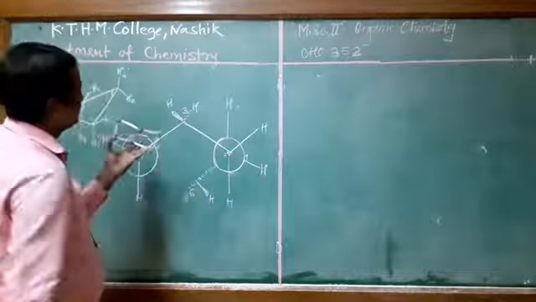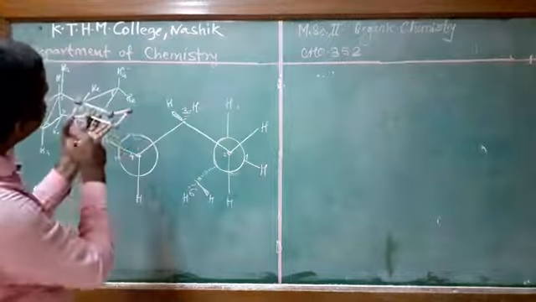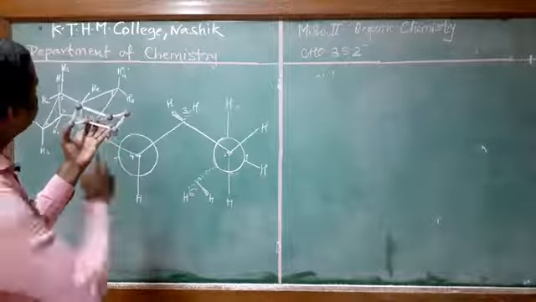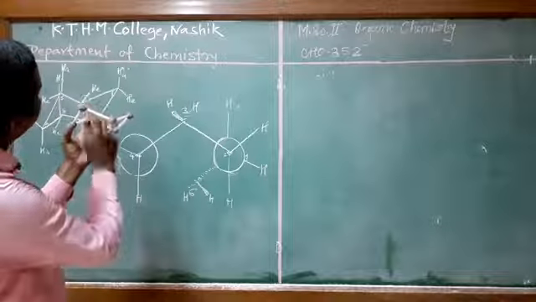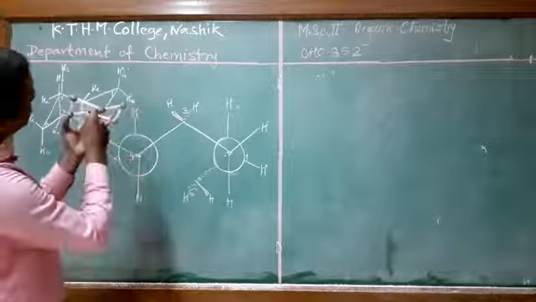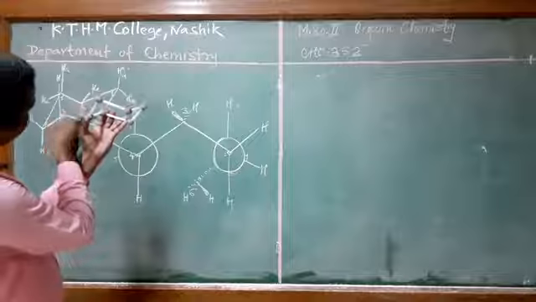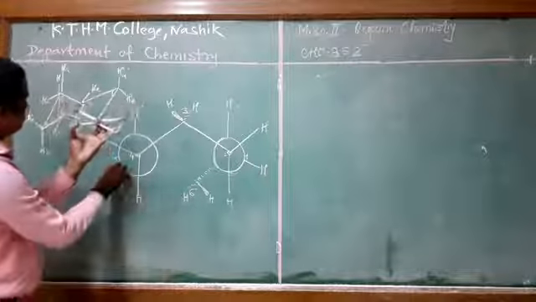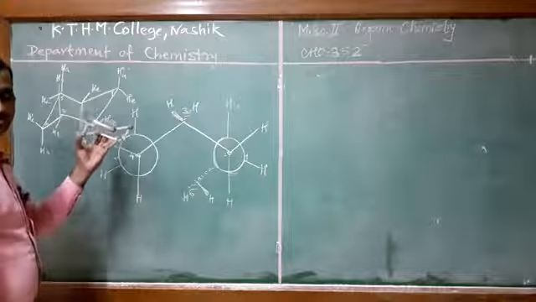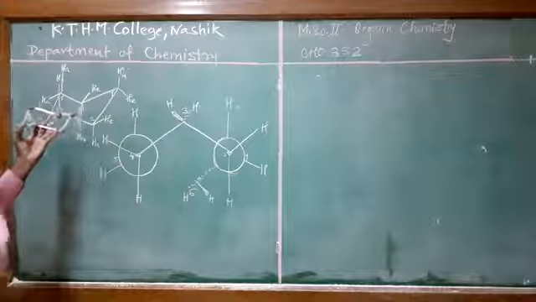Okay. Similarly, for carbon number 4, the backside carbon is carbon number 5, and this backside carbon has an upward direction hydrogen in this way, and a hydrogen in the downward direction on the left hand side, in this way.